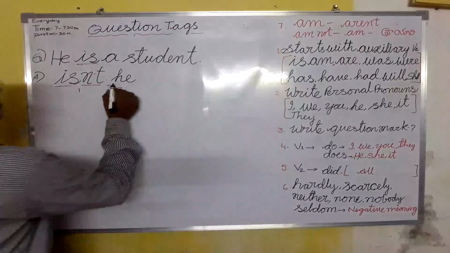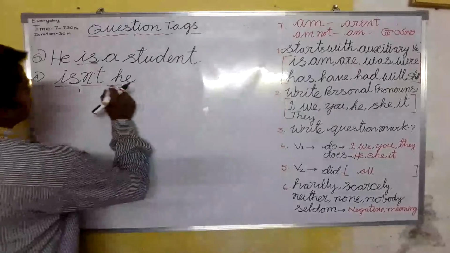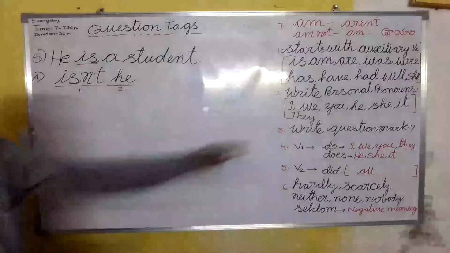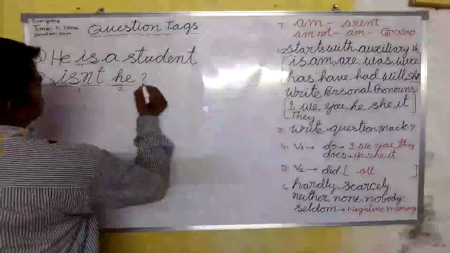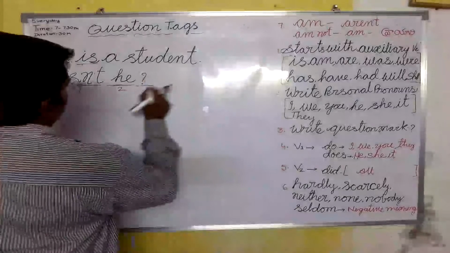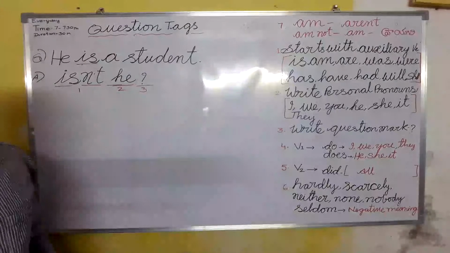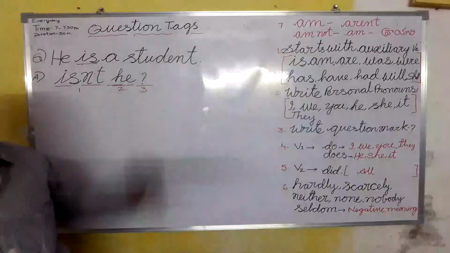Okay, second point it is. Third point. What is the third point here? Question mark పెట్టాలి. Isn't he? This is the question tag for this sentence.